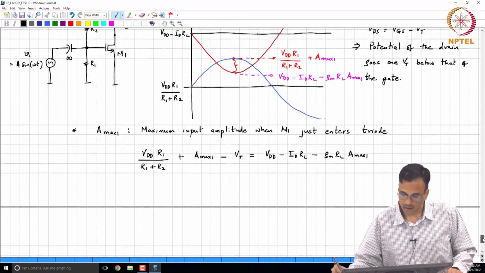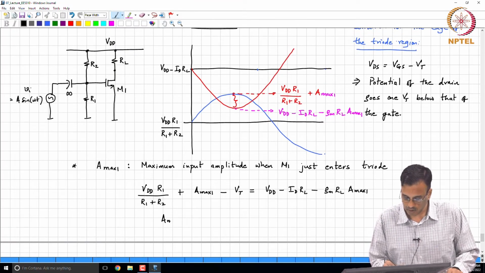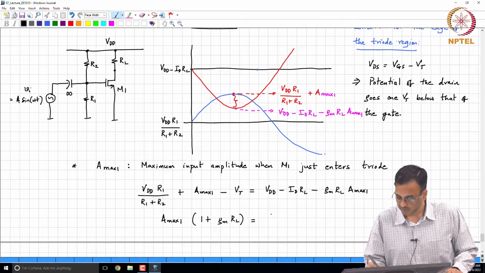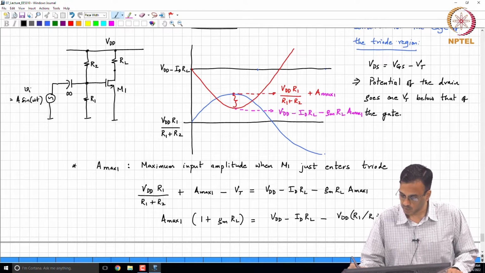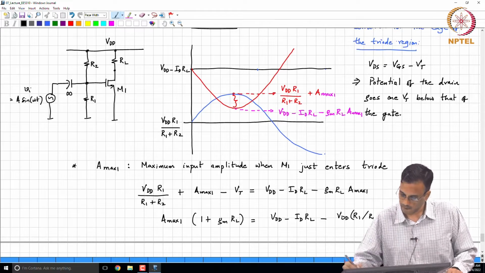And just do some algebra. So, A max 1 times 1 plus GMRL equals VDD minus IDRL minus VDD times R1 by R1 plus R2 plus Vt.